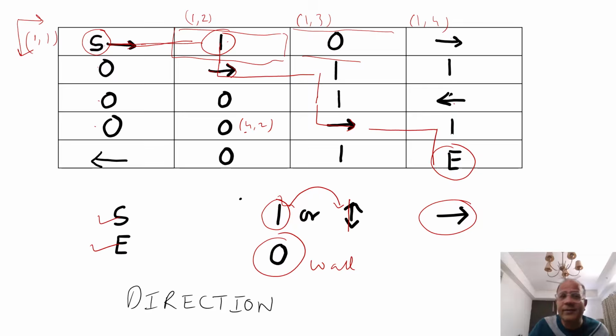Grid means I have to go 1 2 3 on the right and 1 2 3 4 down. Because it's a rectangular grid, any path you take is going to have the same number of transitions. But the point is, in this path no rotation was needed.